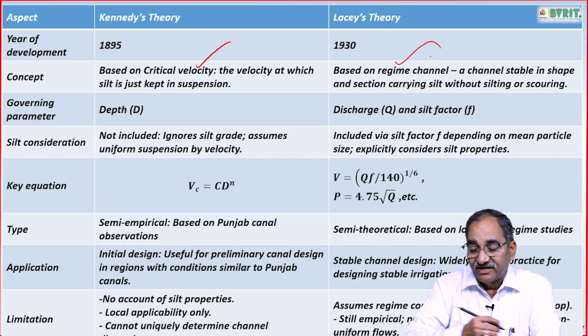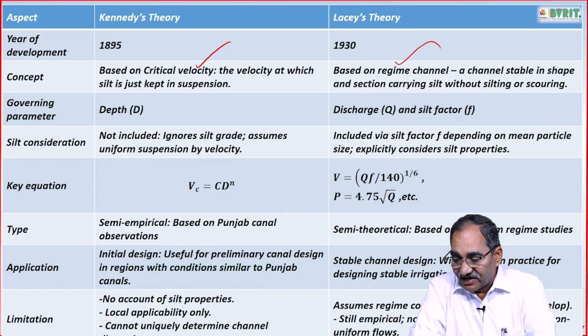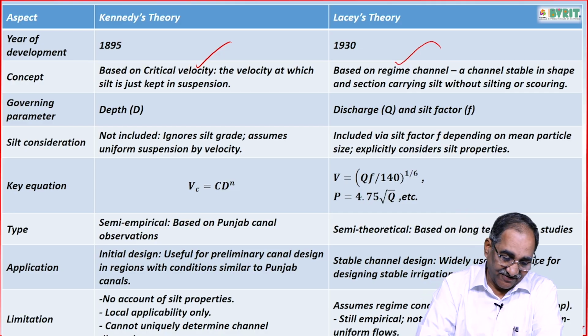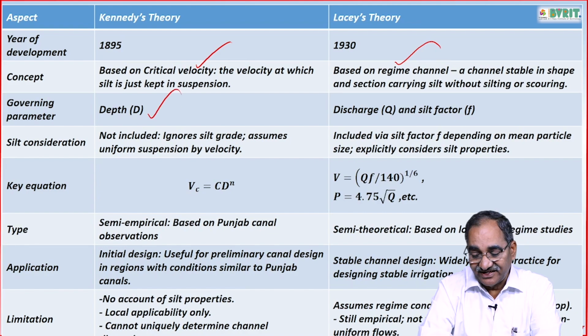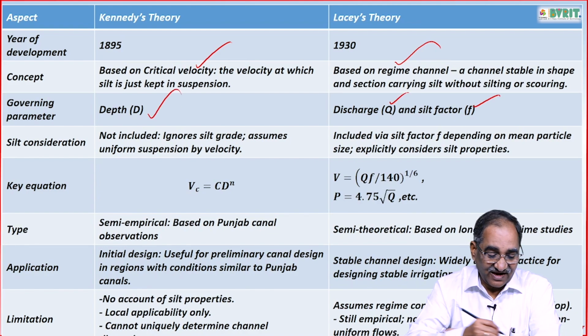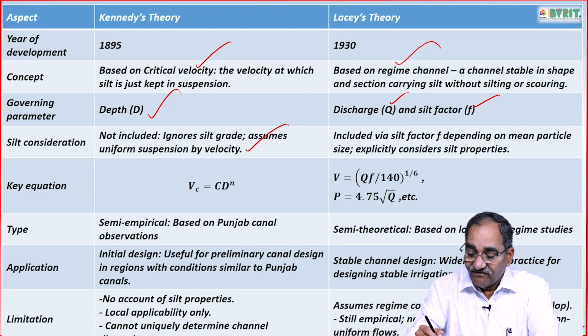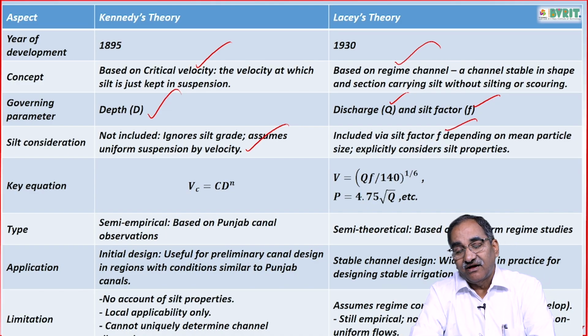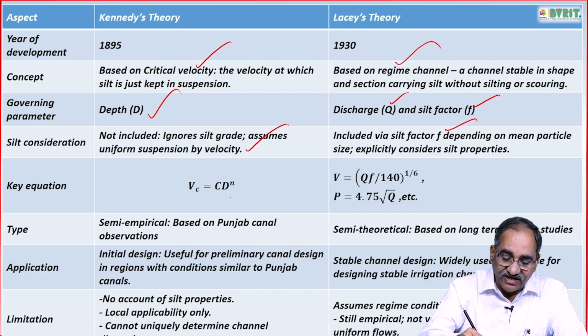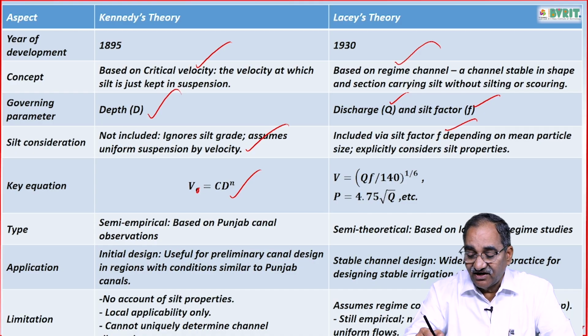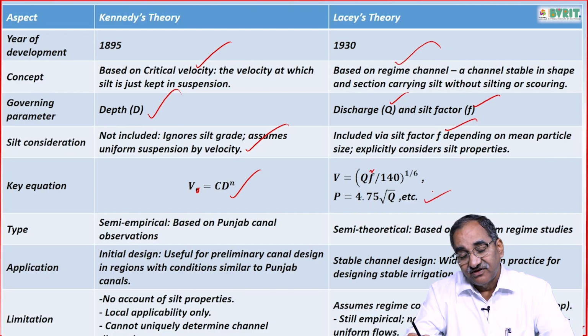Lacey's is based on a regime channel, a channel stable in shape and section carrying silt without silting and scouring. Governing parameter for Kennedy is depth, for Lacey it is discharge and silt factor. Silt consideration is not at all considered in Kennedy's, whereas Lacey included silt factor depending on the mean particle size. Key equation is V0 is equal to C D to the power of N, whereas here it is V equals (Q f square divided by 140) whole to the power of 1 by 6 and P is equal to 4.75 root Q, etc.